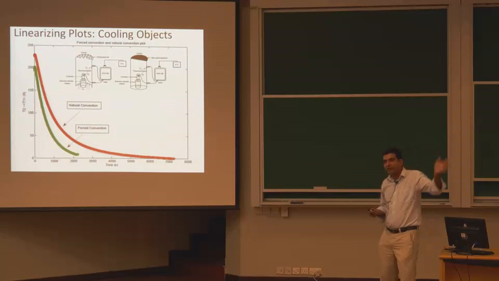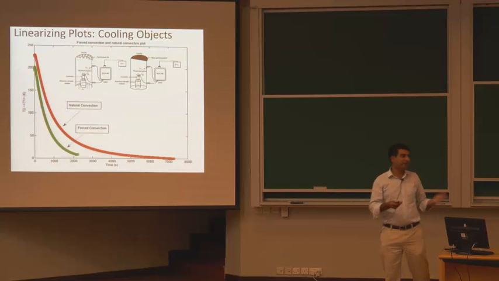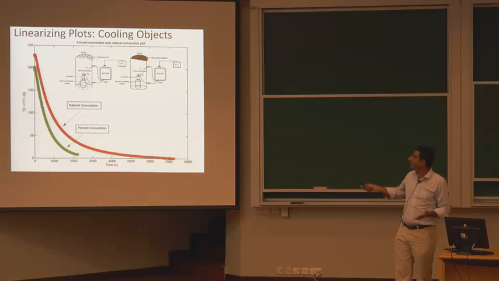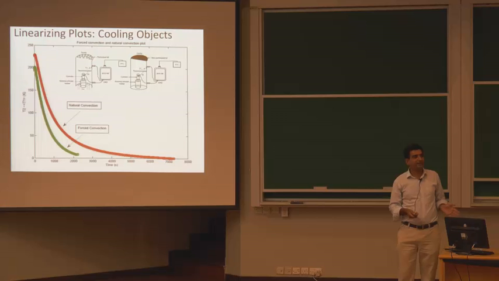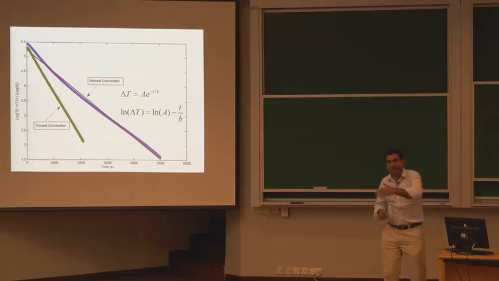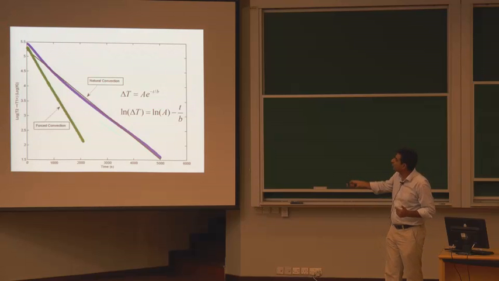Now these are exponential decays, and if I would like to find out the rate of decay, I would like to linearize this graph. So I take all of these data points and find the logarithm of these data points, and what I get are straight lines after linearization. And then it's possible to find the slope of these lines.